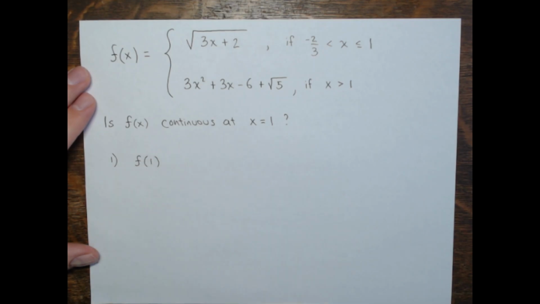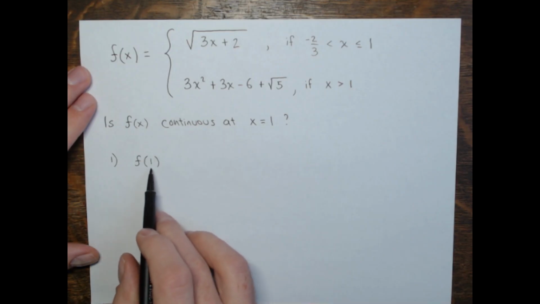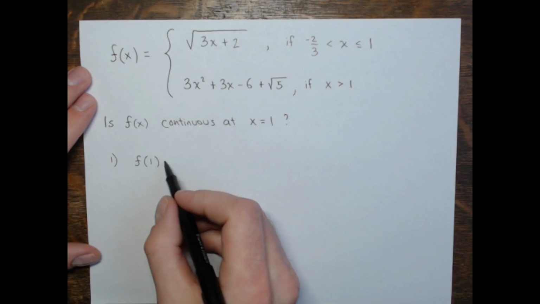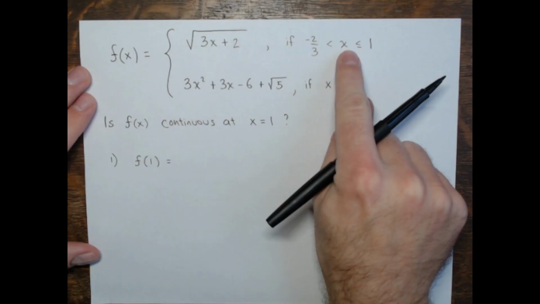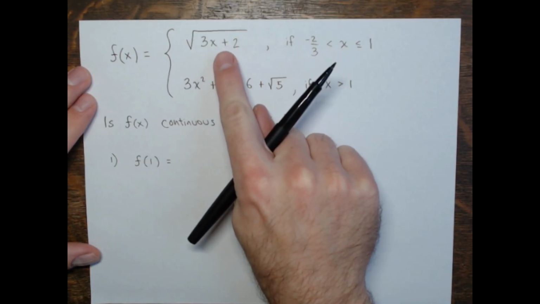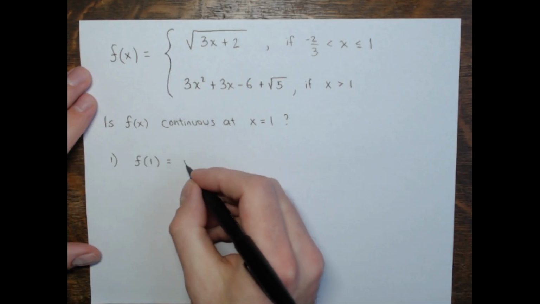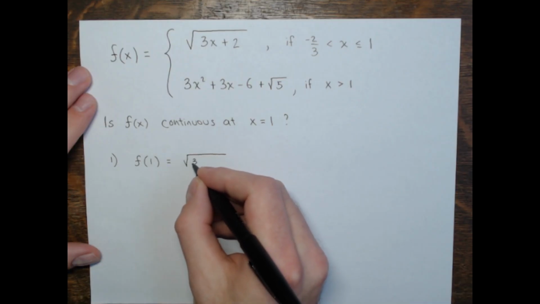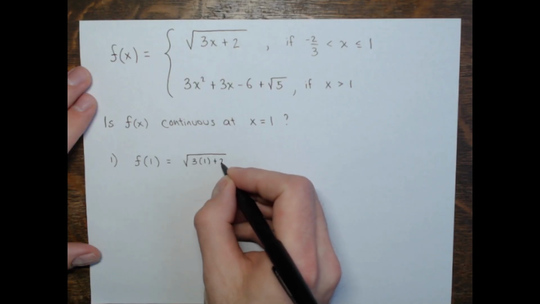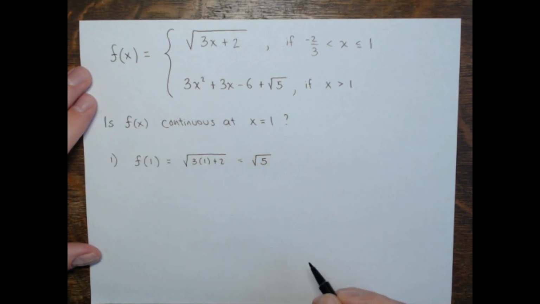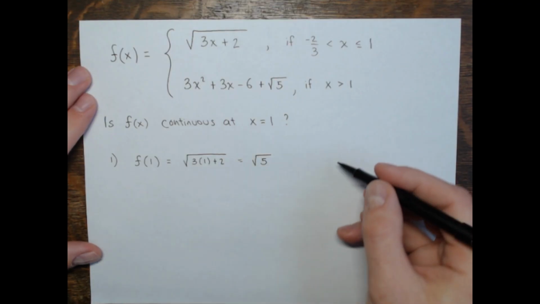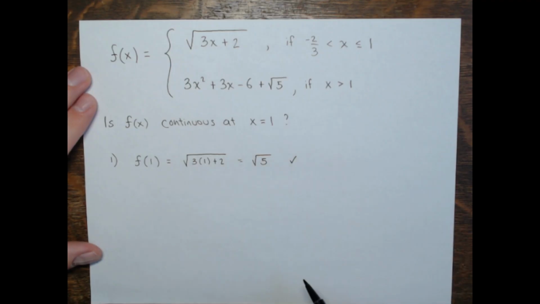Do we get an actual value of f when x equals 1? Yes, we do. When x equals 1, I'm plugging into this piece up here, and I get the square root of 3 times 1 plus 2, so it's the square root of 5. So check: the value of the function is defined at x equals 1.